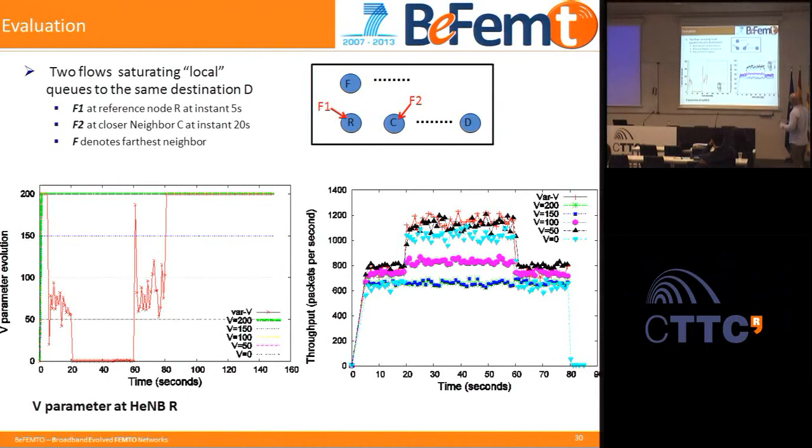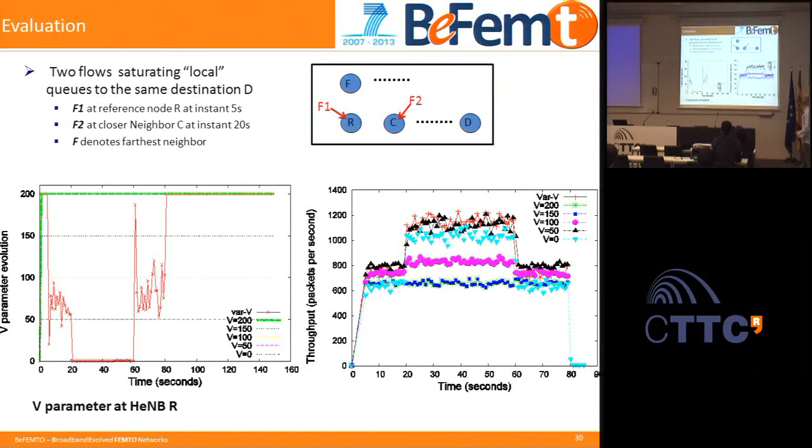And the flow finishes at instant 60, and then the reference node detects that there is a decrease of traffic in the one-hop neighborhood and increases the V parameter. So in this region, it is able to give priority to the penalty function.